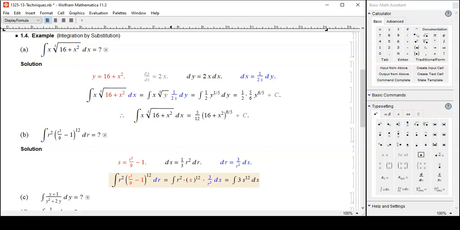Sorry about that. I use character s. Okay, all right. Here we go. And the antiderivative is 3/13 s to the 13th power plus some constant c, and that completes the antidifferentiation.